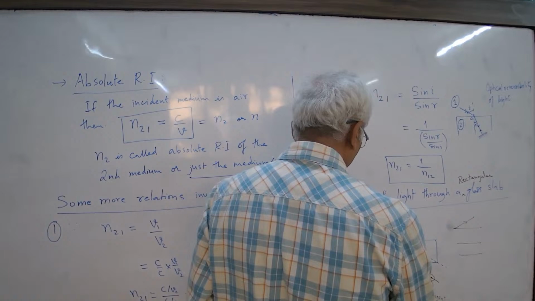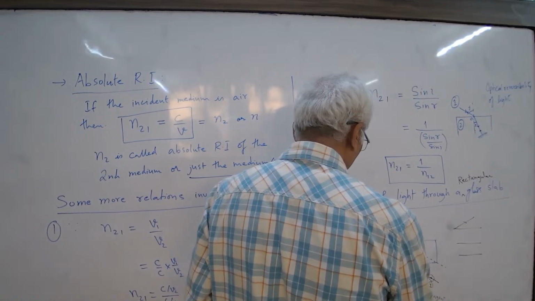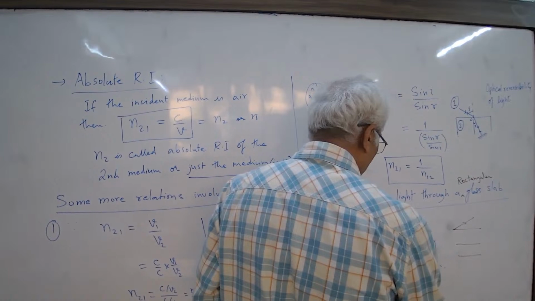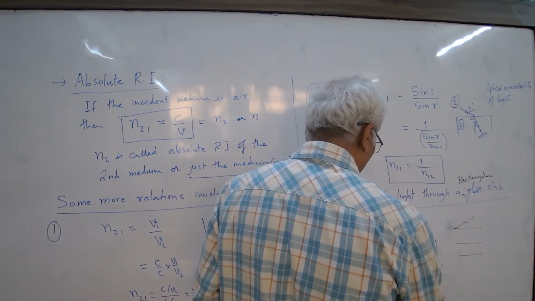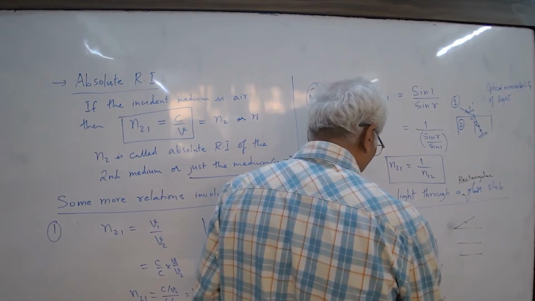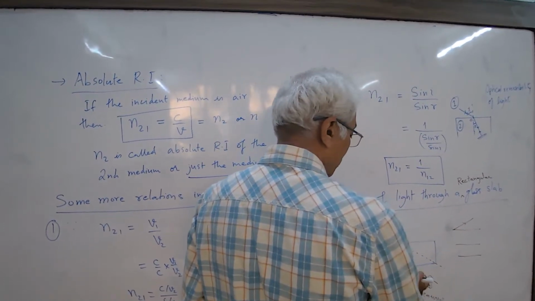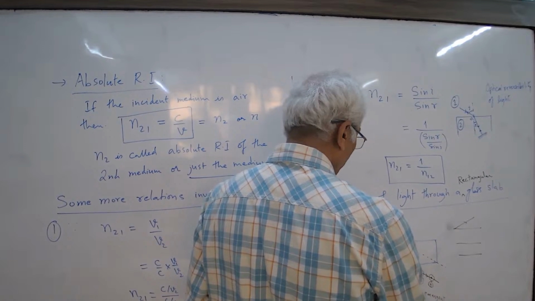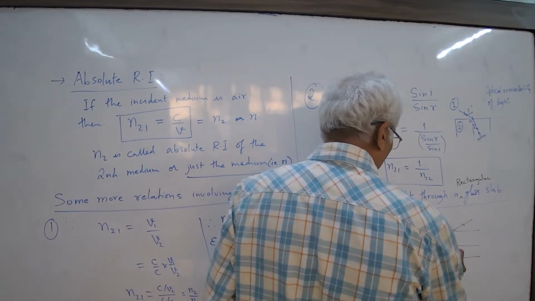This is the incident ray. Right? And this is the refracted ray. Even this is refracted because the medium changes, right? So refraction takes place at two plane surfaces of the glass slab.